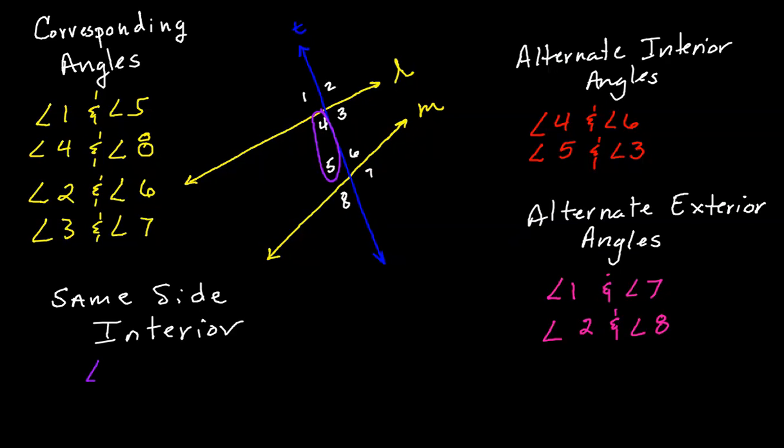So angles 4 and 5 are that first pair. The other pair would be 3 and 6. Those are on the other side of the transversal, so those are same side interior. So we're going to use these 4 definitions and their pairs to eventually help you solve problems. For now, we want to be able to identify them.